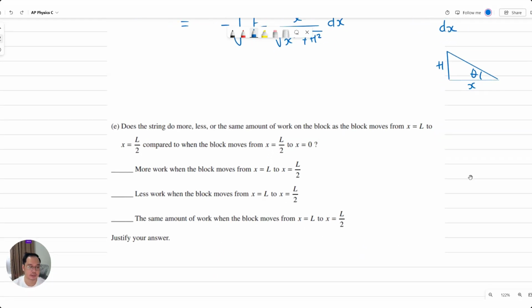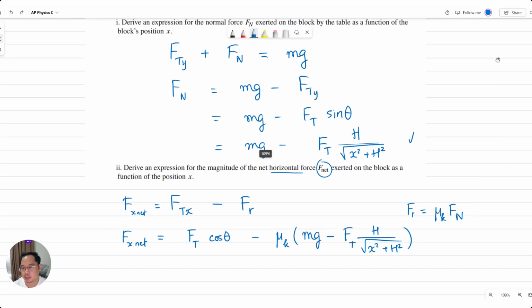The last one, question E. Does the string do more or less or the same amount of work on the block as the block moves from x equal L to x equal L over 2 compared to when the block moves from x equal L over 2 to x equals 0? Let's look at the diagram one more time, the last time.